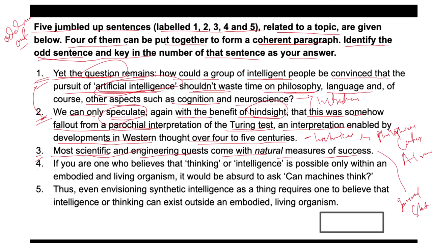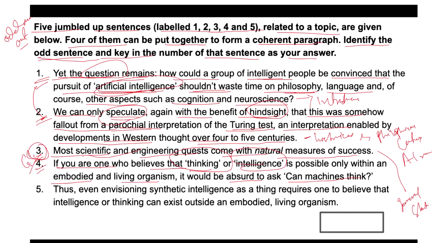Sentence 4: if you are one who believes that thinking or intelligence is possible only within an embodied and living organism, it would be absurd to ask, can machines think? Right. Now, this sentence discusses what? The idea of intelligence being tied to living organisms, isn't it? Which is relevant to the philosophical debate about AI, right?